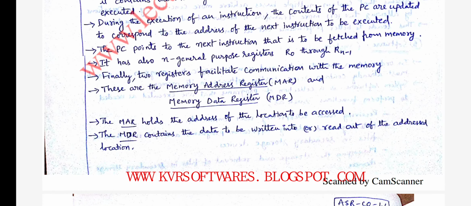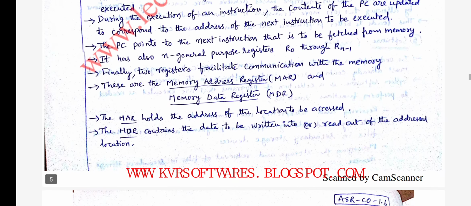MAR, the name itself says memory address register, which contains the address of the memory location. If you are trying to access some content, the address of that content is contained in MAR, the memory address register.